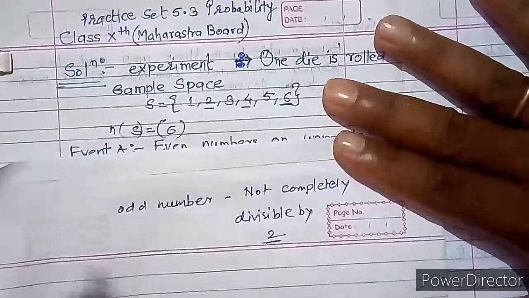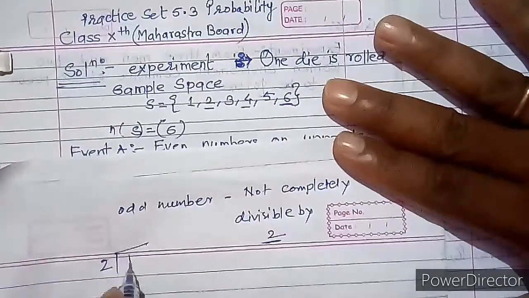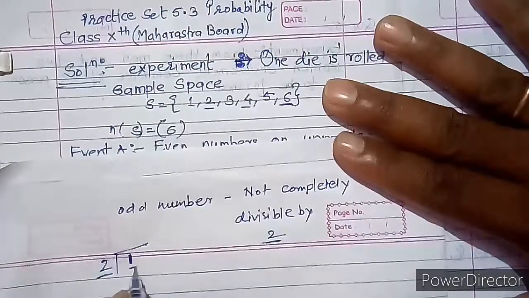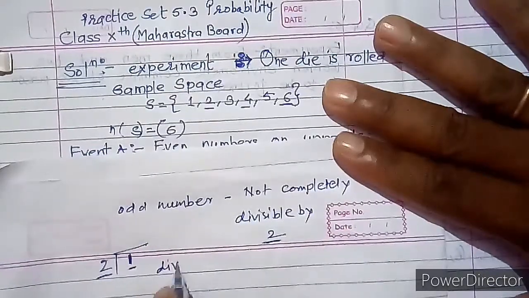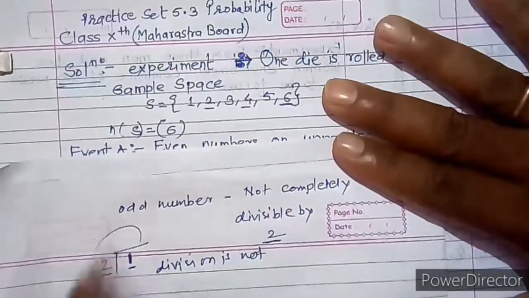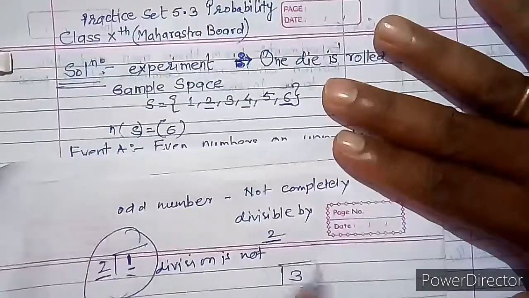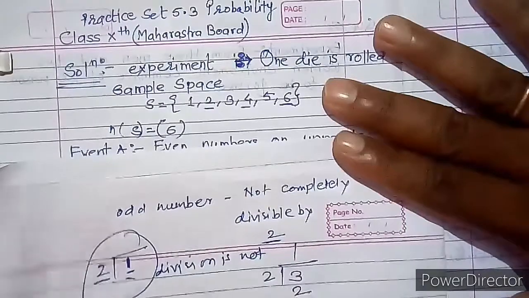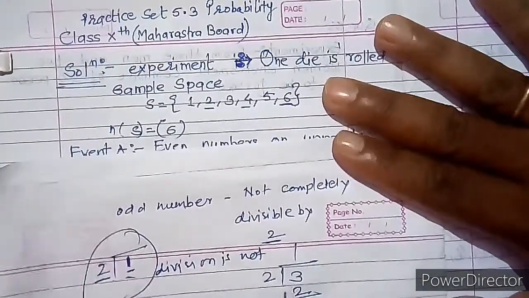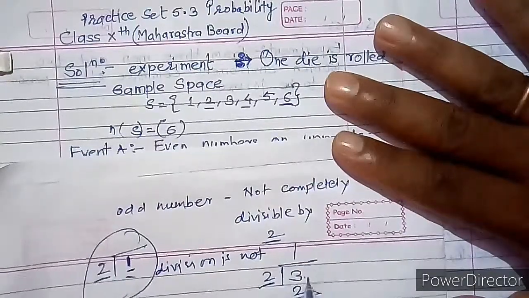For example, dividing 1 by 2, here 2 is greater and 1 is less, means division is not possible. That's why 1 is an odd number. Then take 3, 2 ones are 2, here the remainder is 1, means 3 is not completely divisible by 2. That's why it is an odd number.